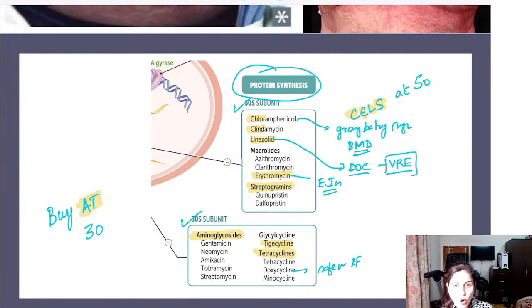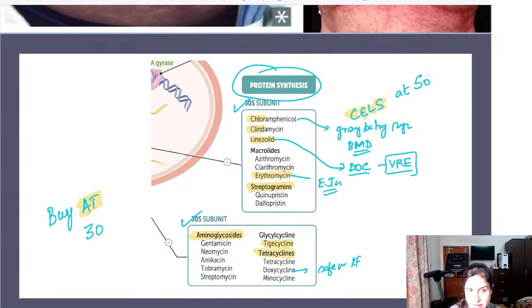ठीक है, and you know all the cell wall synthesis inhibitors are उसमें मैंने जो पुराने slides में I just forgot that all of them are bactericidal except the cycloserine, slow होता है, so they are static. ठीक है, except cycloserine, all of them are bactericidal drugs. ठीक है, that is an exception.